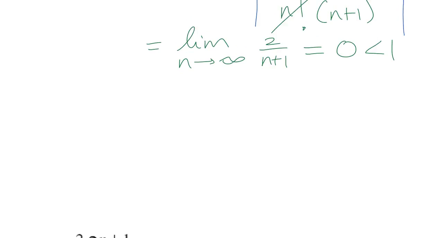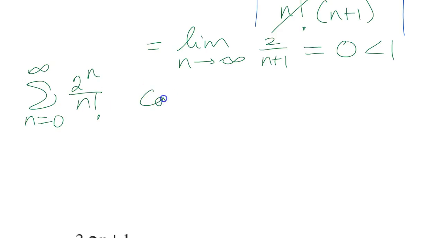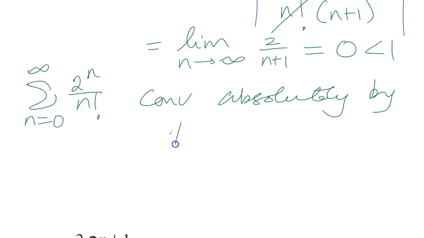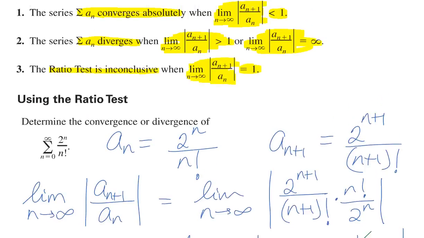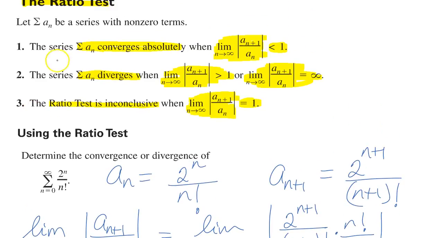So let me go back up here and write the original series, the sum from n equals 0 to infinity of 2 to the n over n factorial, converges absolutely by the ratio test. Okay? Are you wondering how we were able to determine absolute convergence? Remember, guys, here the condition says the series converges absolutely when the limit of the absolute value of the ratio is less than 1.